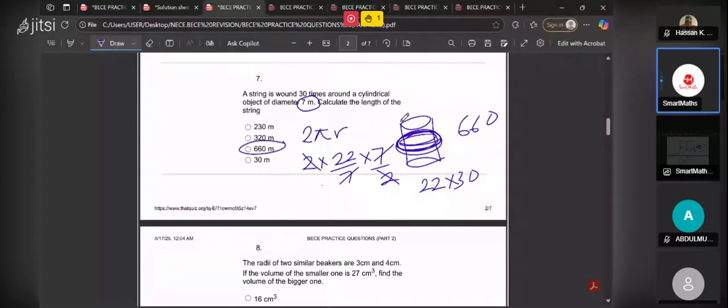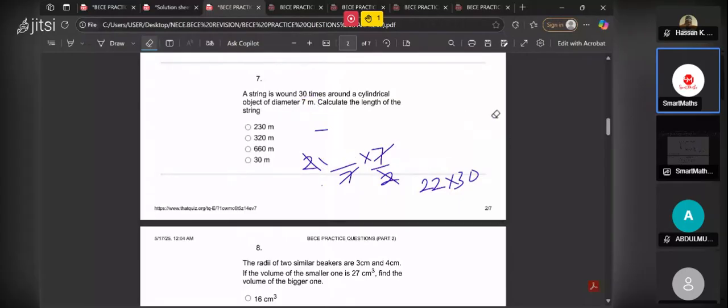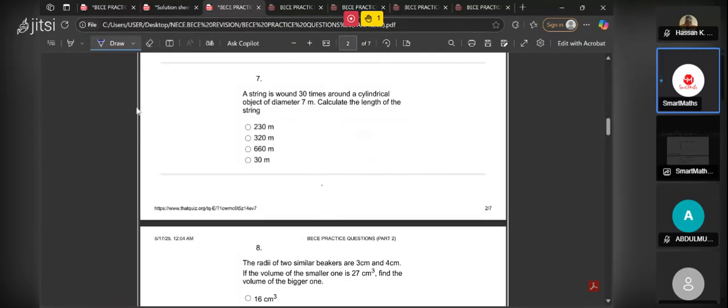You have a cylindrical object as we have it here. Let me start from scratch again so that you understand. The purpose of you getting understanding is why we are here today. I think I'm beginning to be too fast, so let me calm down. Now we have this cylinder.